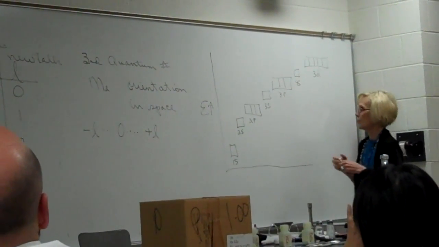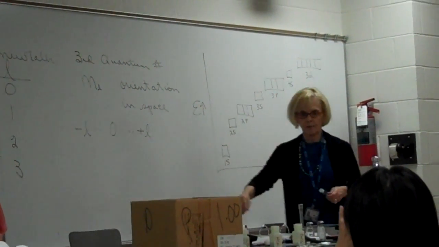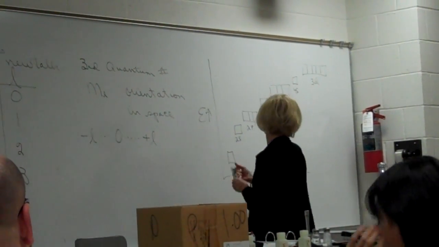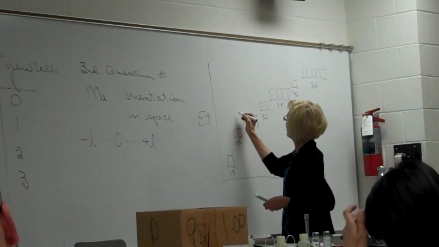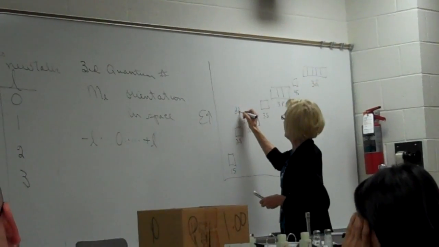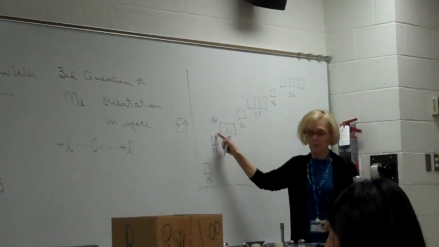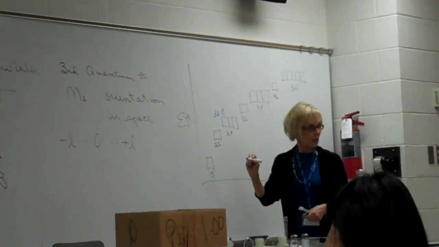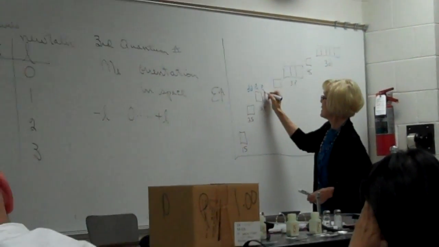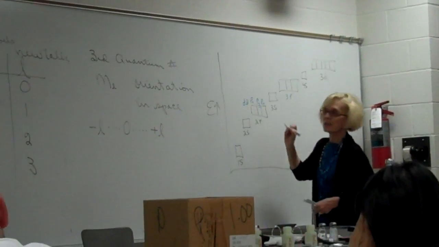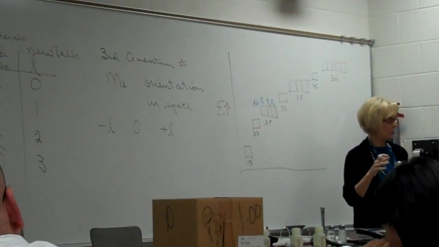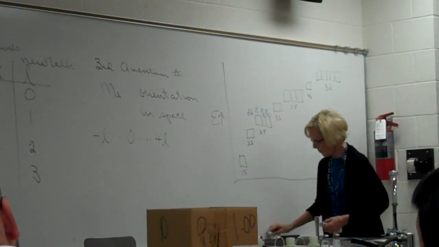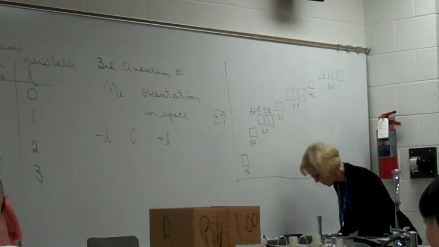Now, in the old talk, I could call this orbital the p sub x, this one's the p sub y, and the p sub z. Usually we don't mess with that, but those would be the 3 designations.